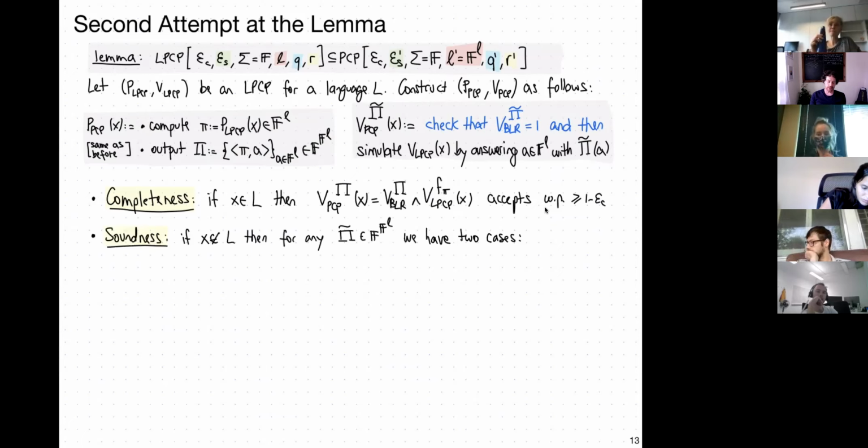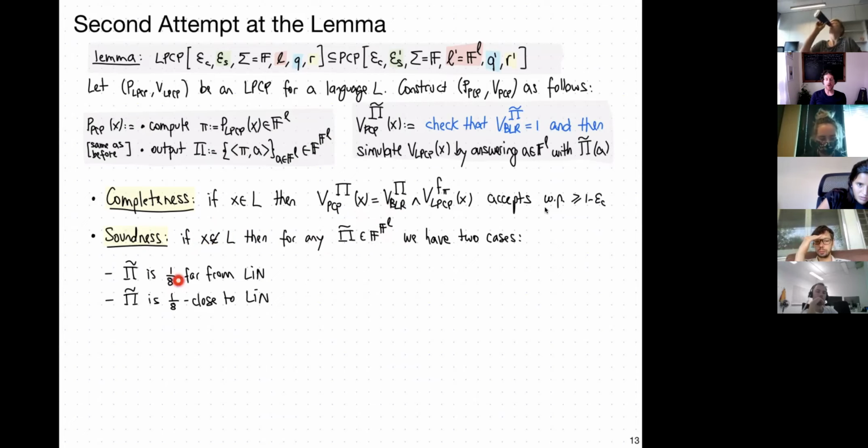But the point is that if the input is a bad input, not in the language, and we get a malicious proof, some proof that tries to convince us nonetheless, then there are two cases. We fix some constant threshold, it doesn't really matter what. Either the proof is really far from being linear, or it is really close to being linear. If it is very far from being linear, then the linearity test would say, this is very far.